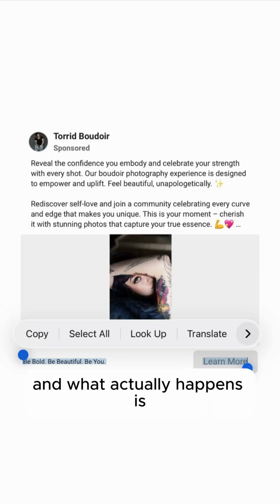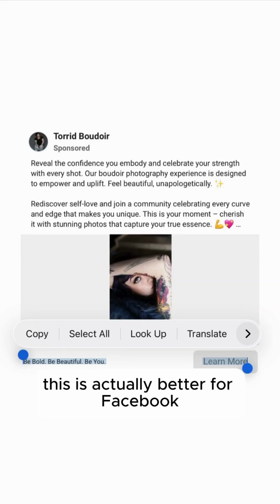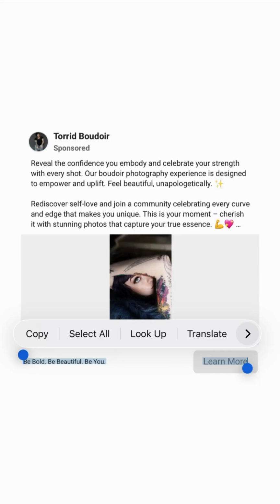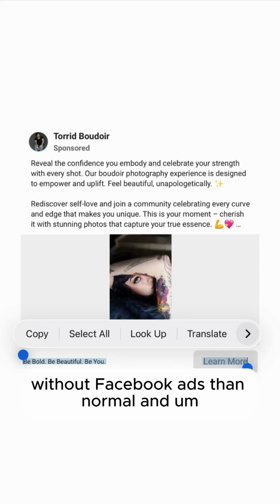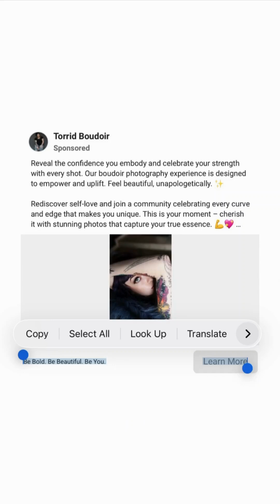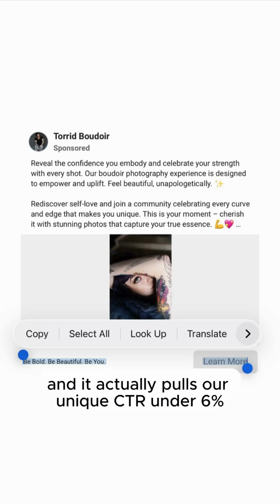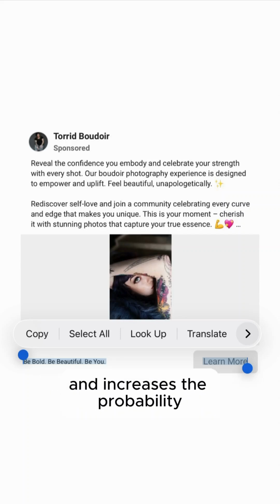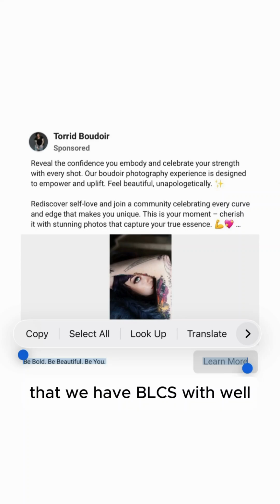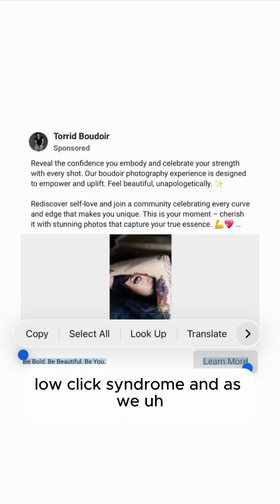And what actually happens is this is actually better for Facebook. So it's worse for us. It causes way more women to scroll by our boudoir Facebook ads than normal, and it actually pulls our unique CTR under 6% and increases the probability that we have BLCS, boudoir low click syndrome.